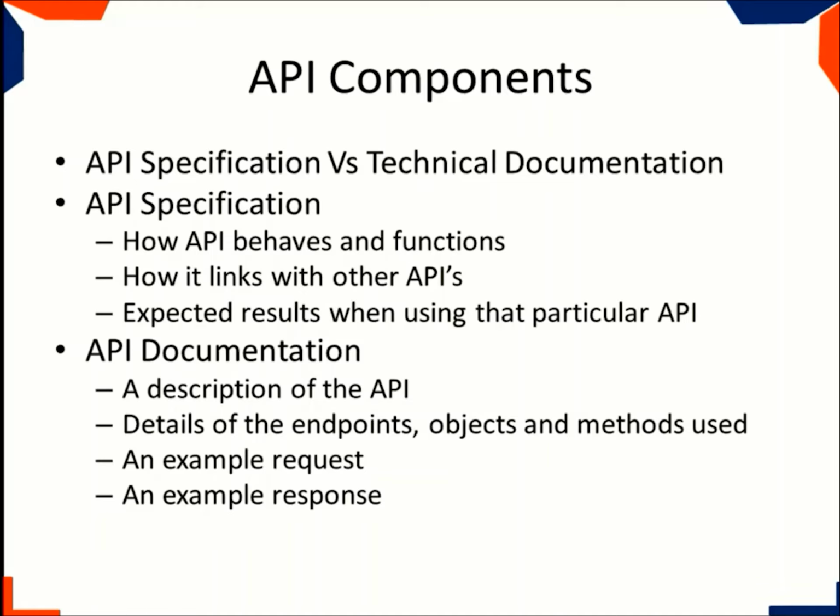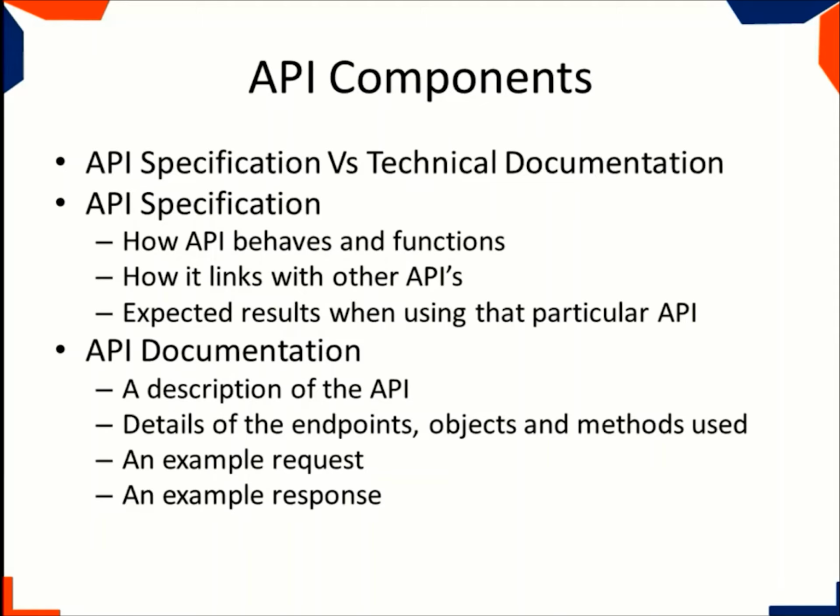How it links with other APIs, and what the expected results are when you're using that particular API, all this needs to be taken care of when it comes to API specifications. And all the specifications include documentation.